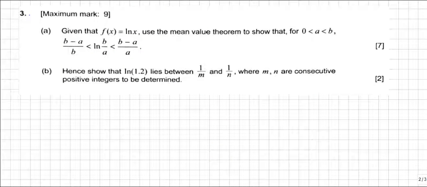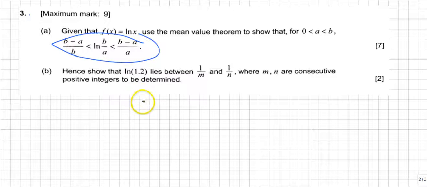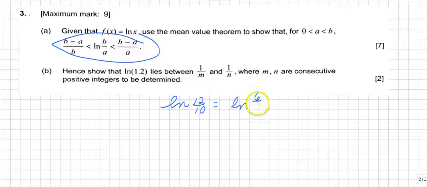Now this last part of 3 is real easy. If you just look at the previous part that we just got, what we were supposed to get, which we got. So it says show that ln of 1.2 lies between 1 over m and 1 over n. So the natural log of 1.2 is the natural log of 12/10, which is the natural log of 6/5.